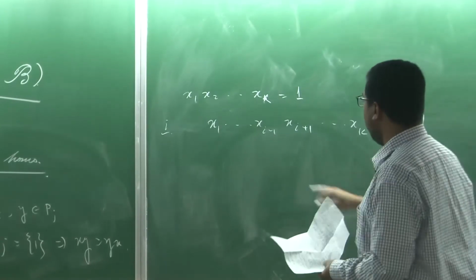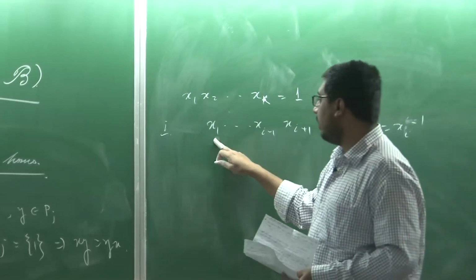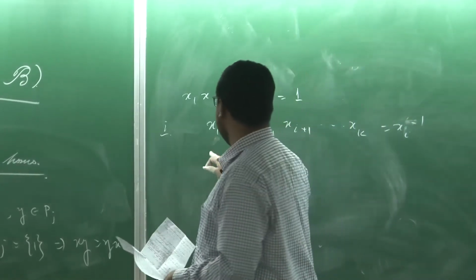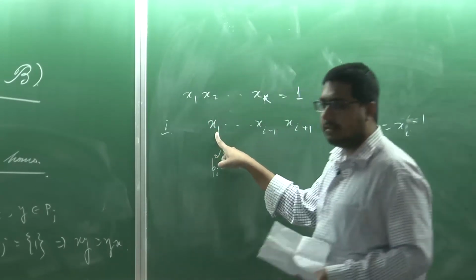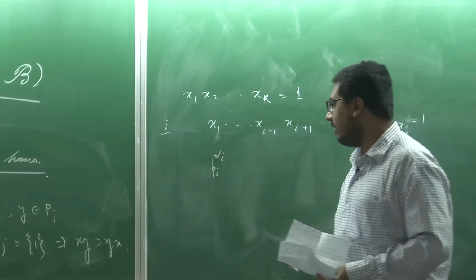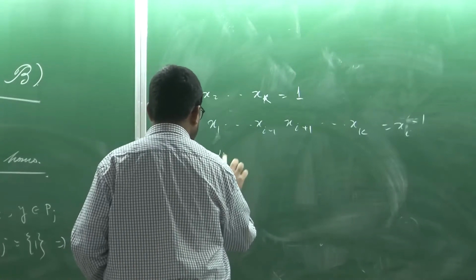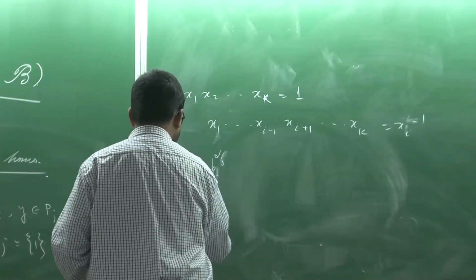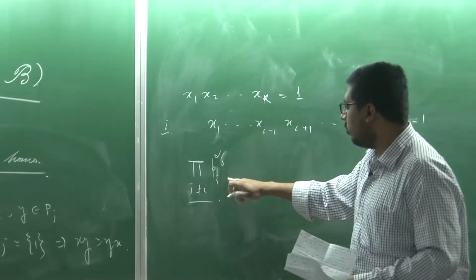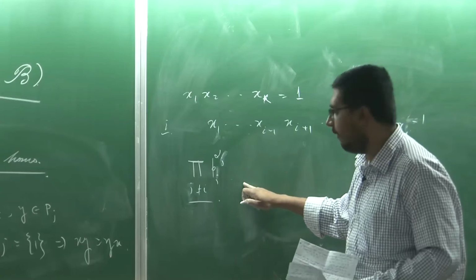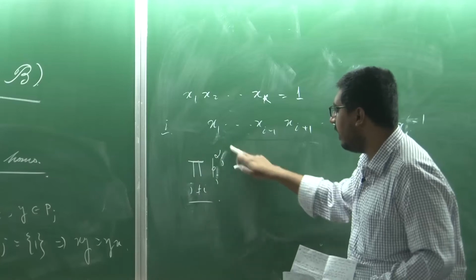Now observe that xj is in Pj. So if we raise it to some power, the power pj to the power alpha j, for j not equal to i, then this quantity is going to be identity. If we raise the left hand side to this power, then the left hand side will be identity, because each xj will be 1 once it is raised to this power.